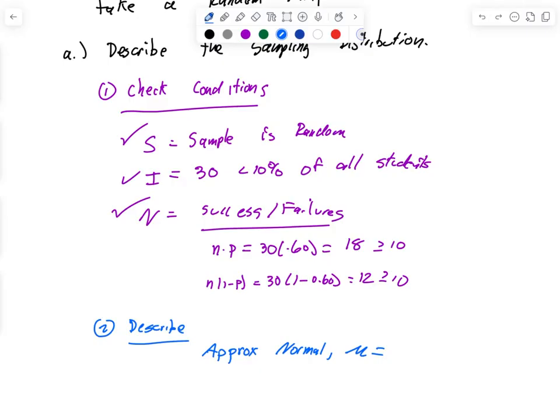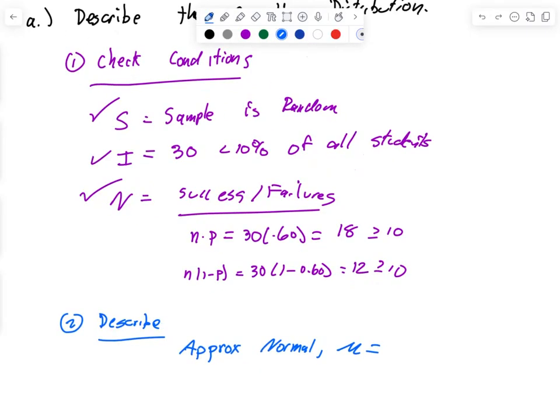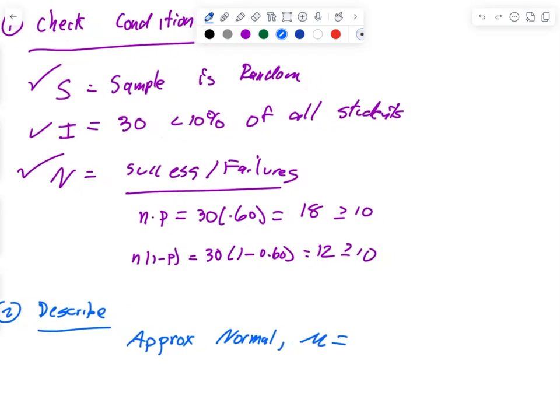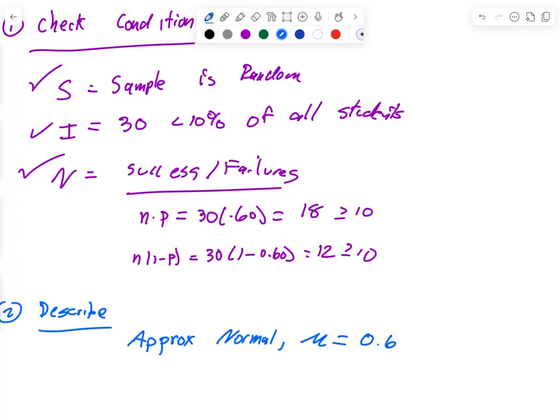Okay. What's the standard deviation? I have to do the work. So square root of 0.6 times 1 minus 0.6 over 30, which gives me what? I input it into my calculator, and we get 0.09.